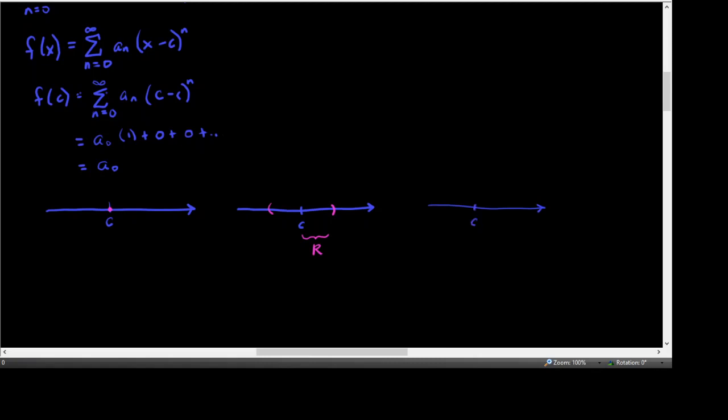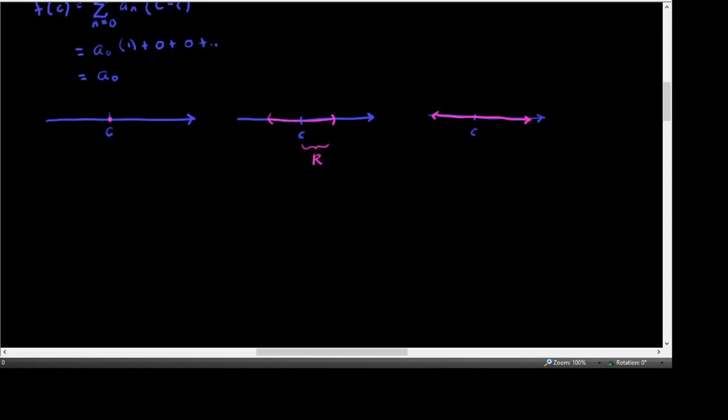Oops, I forgot to color in part of that other one. It converges for all of these numbers from r to the left of c to r to the right of c. It converges at all those numbers in that interval. And then, of course, the last possibility is that it converges for all real numbers. So its domain will be all real numbers. So the domain can be one point, a finite interval, or all real numbers. Those are the three possibilities.